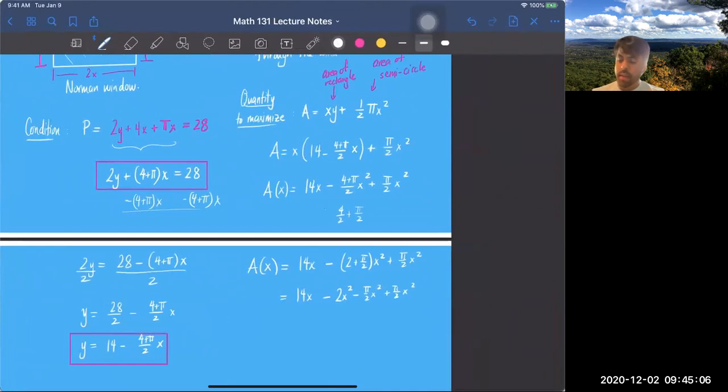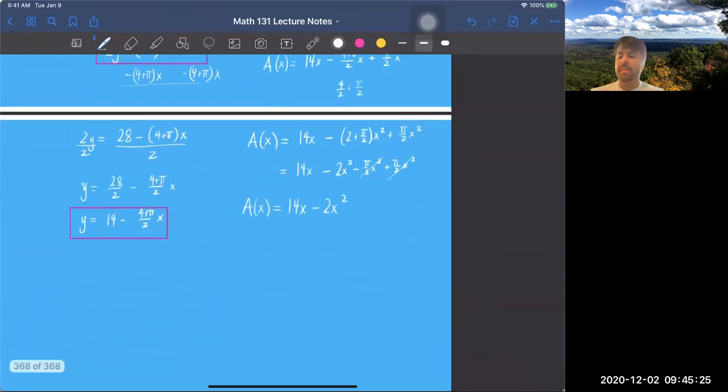The pi's cancel out here. So I get that the area is really just 14x minus 2x squared. So it's actually not that bad at all.